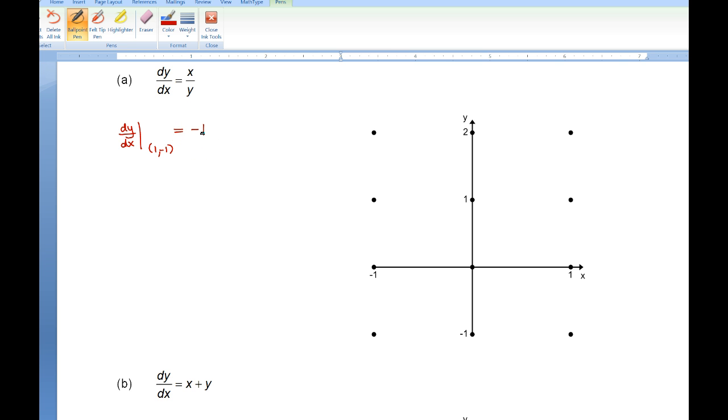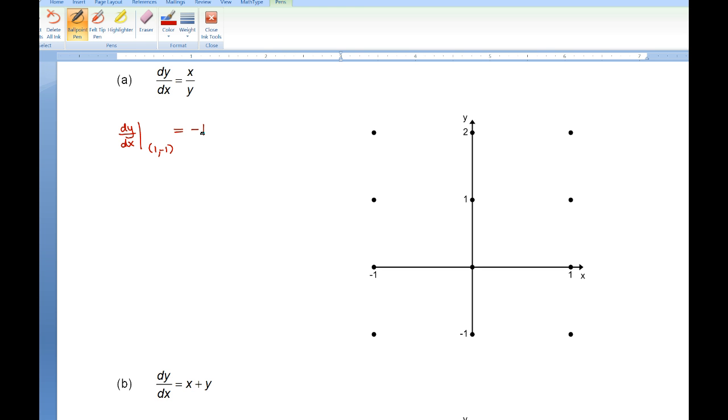Well, what does a line with a slope of negative 1 look like? It goes this way, right? Whatever you go down to the left, you would go over to the right. So at this point, you want to make a line segment. Now imagine you're going to have a whole bunch of these line segments and you don't want them to cross.